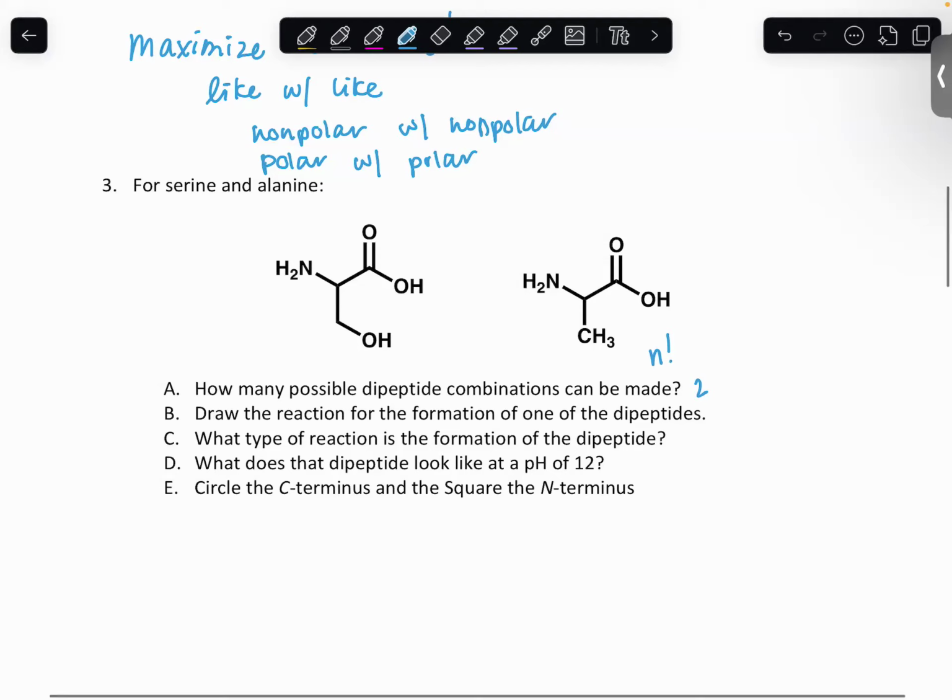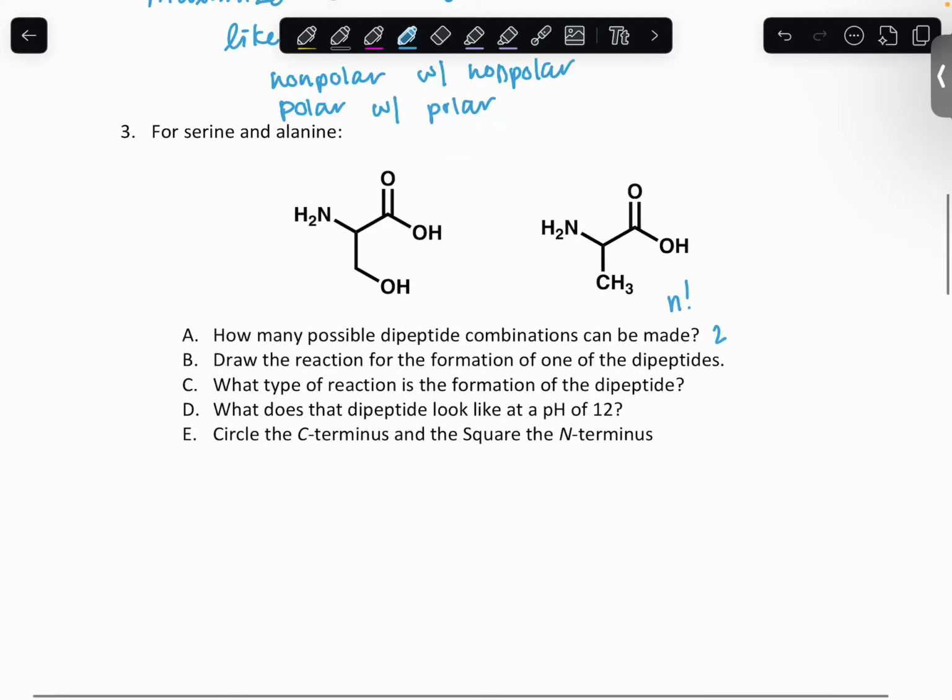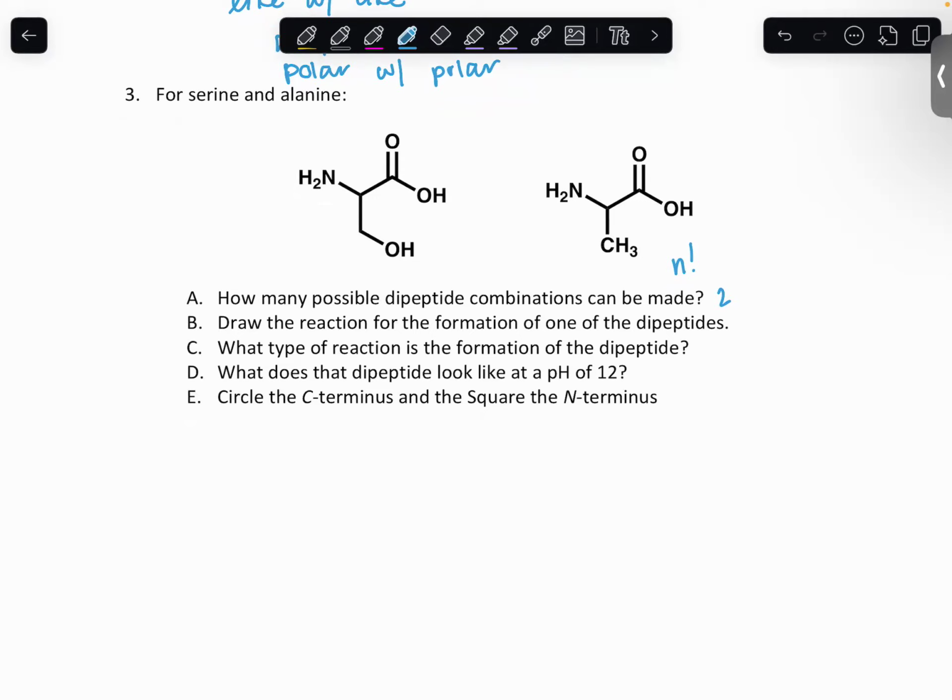So, draw the reaction for the formation of one of the dipeptides. What kind of reaction do we have to do? It might be easier to start with C before we do B. There's 3 correct answers here. They all mean the same thing, but they're different words.